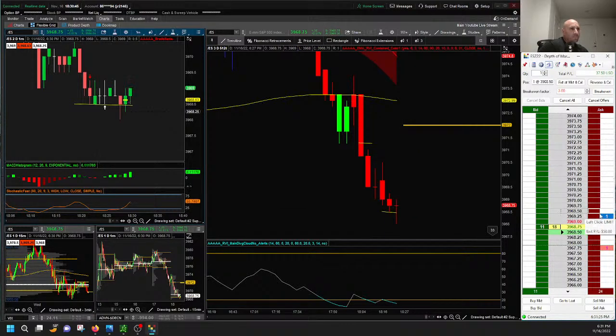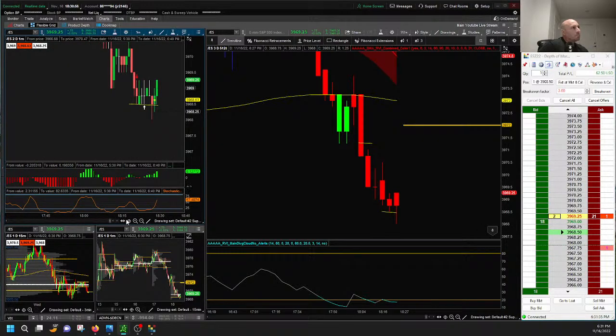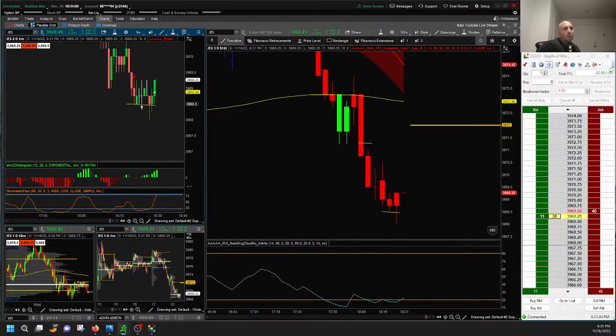Come on. Two more ticks. Oh, here we go. And we're out. Plus 3 ticks. I'm out up 62.50. So I probably could have gotten more, right? But again, I'm just micro scalping.